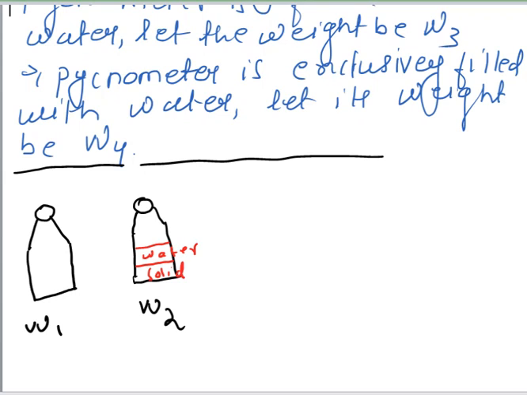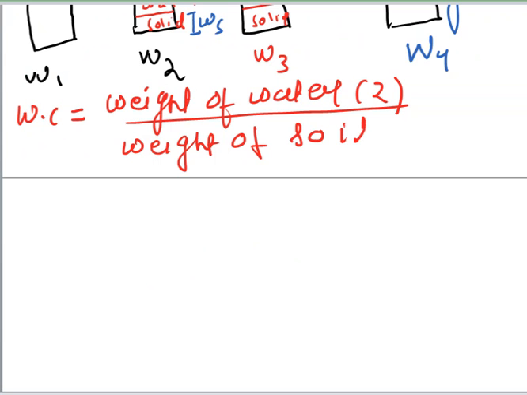It is W2. Now again the free spaces remaining in the pycnometer bottle are filled completely with water, and that weight of the pycnometer setup is W3. It means it is solid only and complete water. Okay, this weight is W3. Now the pycnometer is separately filled completely with water and weighed, W4.